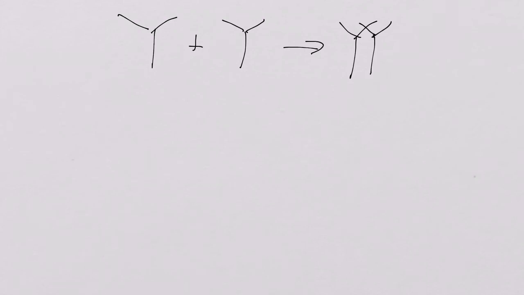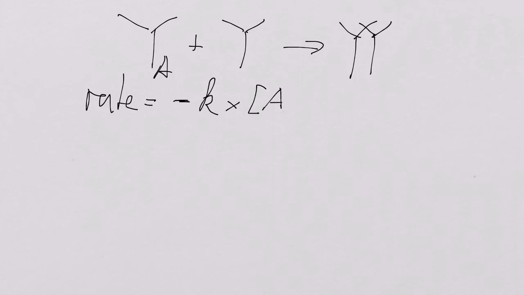You have rate equals minus k times A to the power of 2. What order is it? Right, it's a second order. It's a very special second order because your reactants are the same.